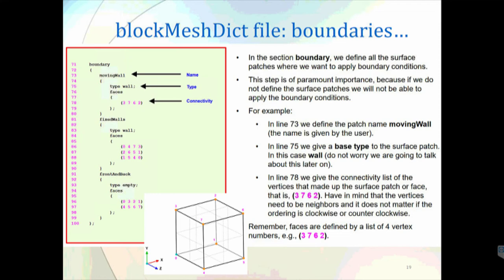This is fixed, meaning having zero velocity, but both are wall type boundary condition. But this front and back, because we have a 2D problem, this is type empty. Okay, so you can see that the walls are described here. Sorry, the walls are these moving wall and fixed walls, and the front and back faces are empty.